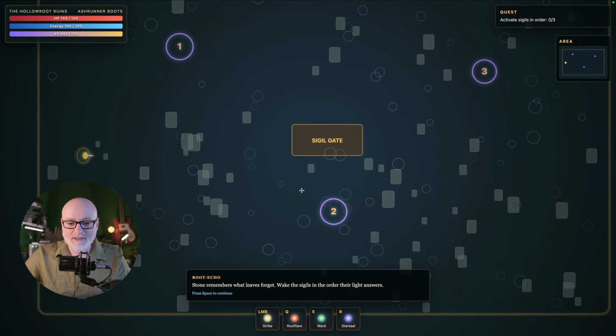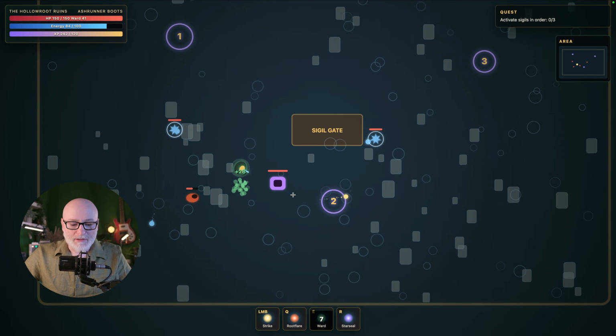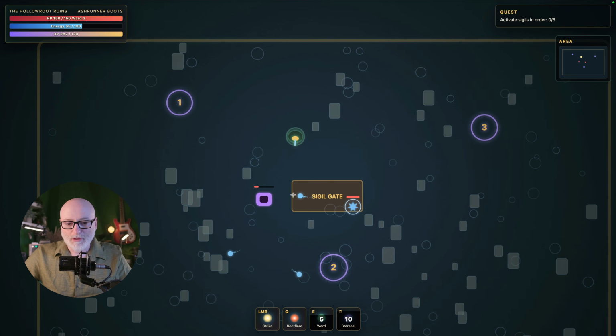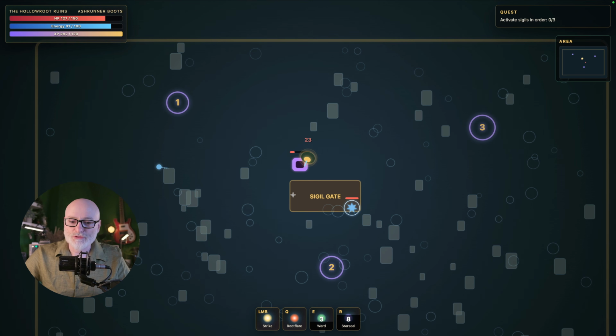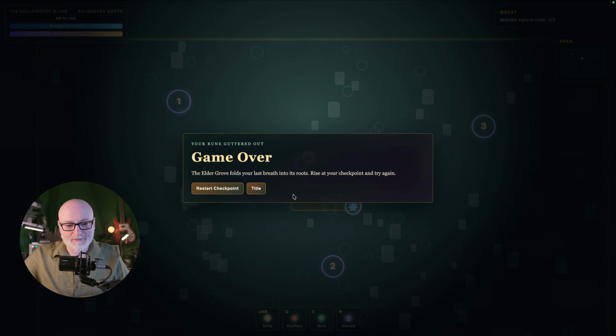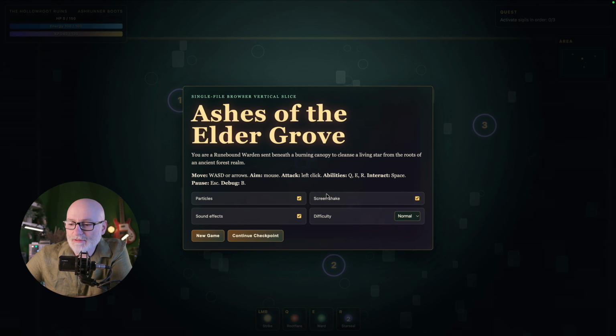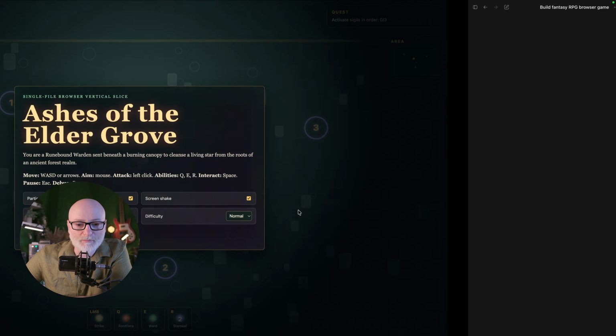Movement speed rises by 18%, for example. Now I'm not going to win, I'm going to die, and I want to share what I managed to do with the other models.